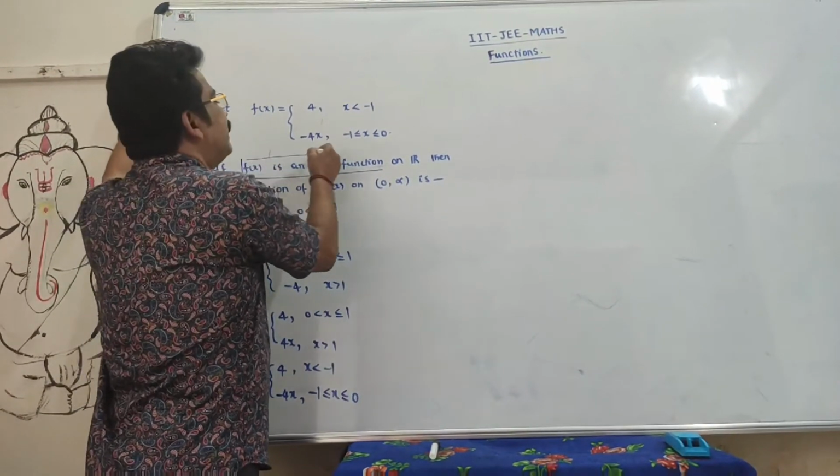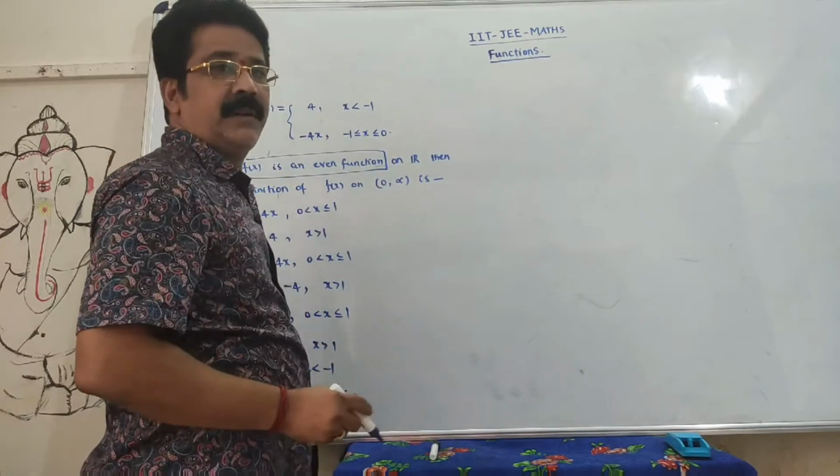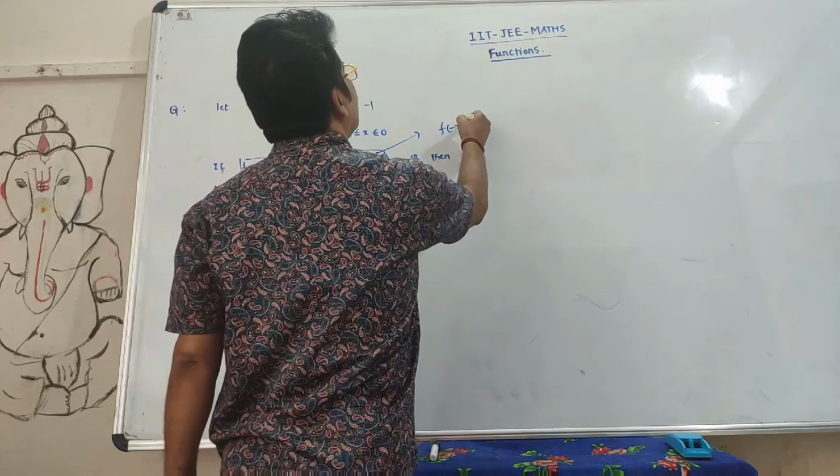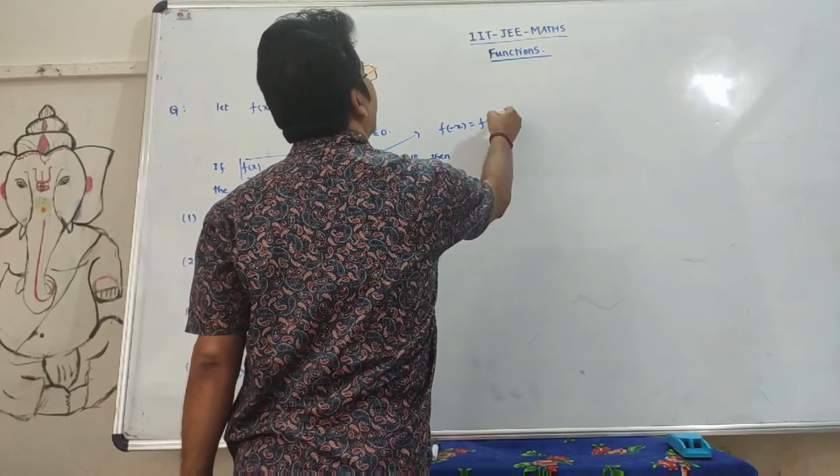Given that f(x) is an even function. Even function means f(-x) = f(x).